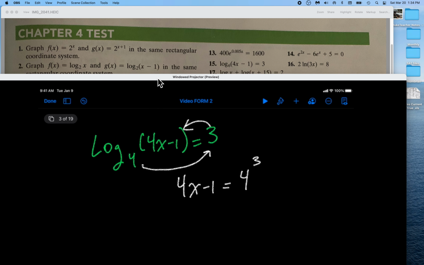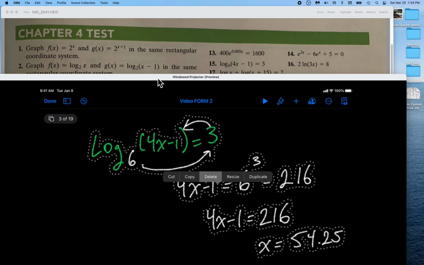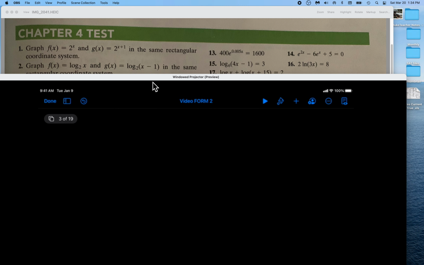That's a 6. Okay, apologize. Six to the third. 6 to the third power equals 216. So we have 4x minus 1 equals 216. And when you solve for x, you get x equals 54.25. Okay, that was number 15.